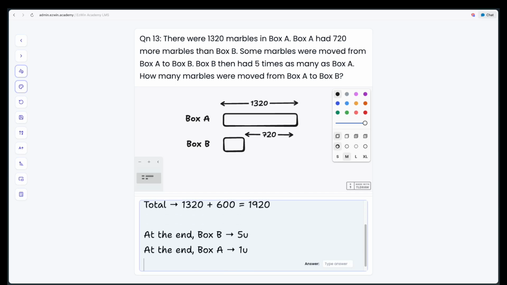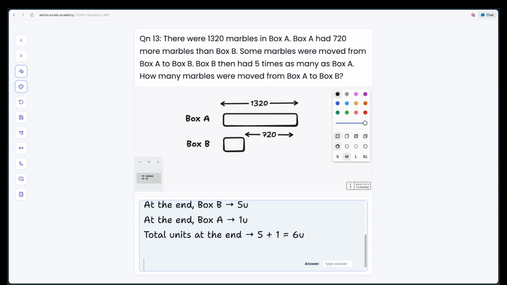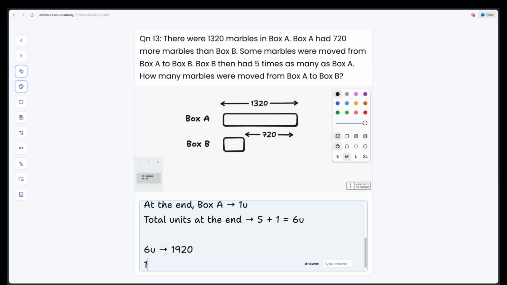So that means total units at the end is equal to 5 plus 1 equals 6 units. So 6 units is equal to 1920. So 1 unit is equal to 1920 divided by 6. This gives us 320.